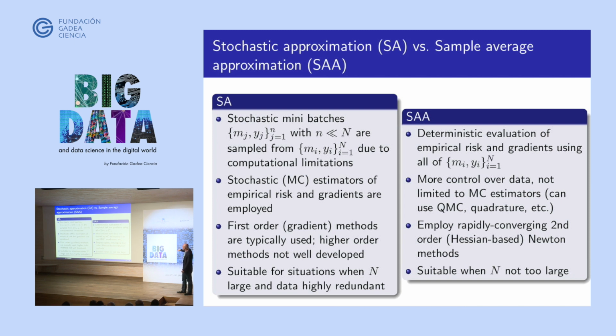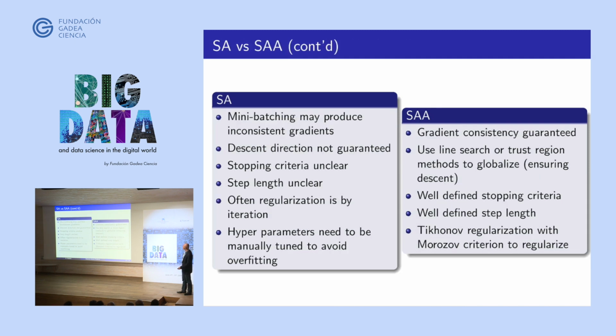And so you get rapidly converging methods, and these methods, SAA, address a number of the difficulties: you can guarantee a descent direction, you can guarantee asymptotic quadratic convergence, if you have sufficient smoothness. The stopping criteria are clear, the step lengths are clear, unlike many of these problems with stochastic approximation.